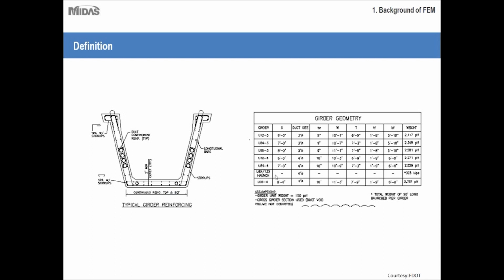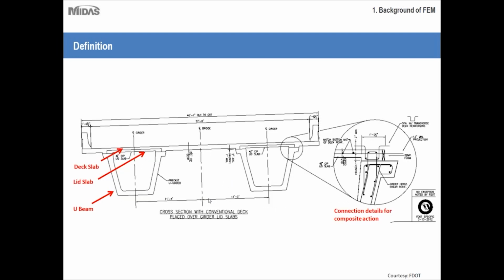And as you can see, different DOTs are giving different specifications for the type of sections that should be used in their states. So you can see some standard definitions for the sections. These beams are called U-beam, U72, U64, U96, and all these different configurations are available. So they are the typical girder sections that you can start with.